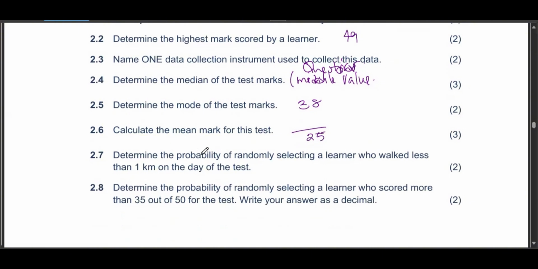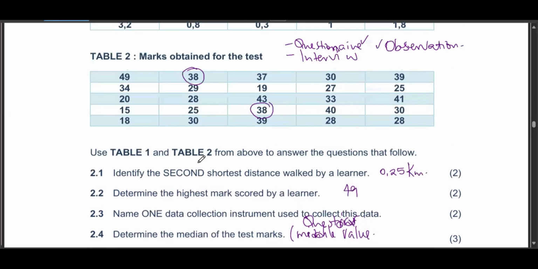Determine the probability of randomly selecting a learner who walked less than 1 kilometer on that day. Probability equals sample over population. The sample, we are looking for the learners who have walked less than 1 kilometer.